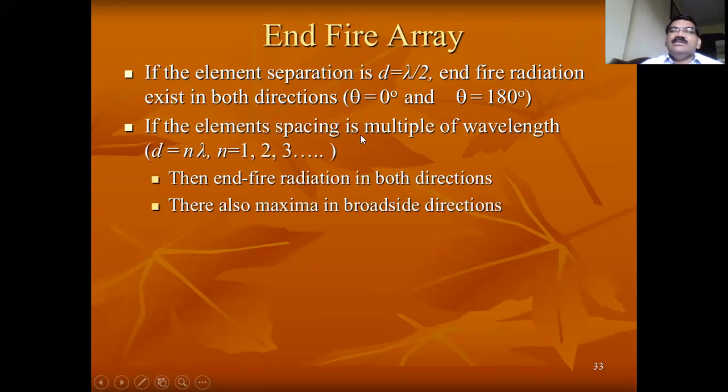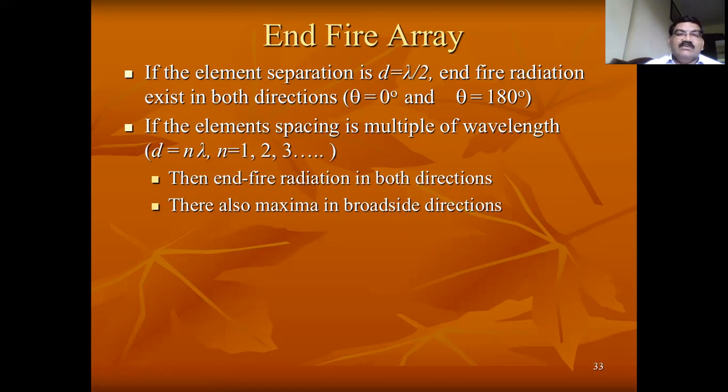If the element spacing is a multiple of the wavelength, then what happens? d equals n times lambda. Then end fire radiation is in both directions. In this case also, the end fire radiation will be in both directions. There will also be maxima in the broadside direction, as I have shown previously.